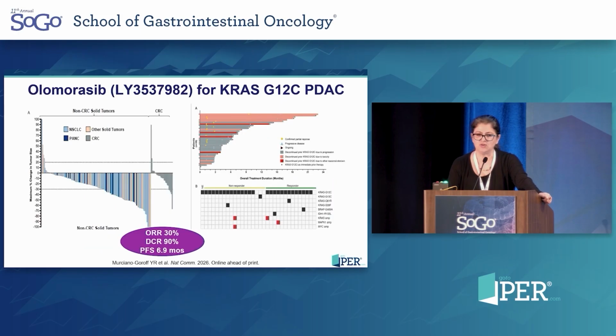Olomorasib here looks maybe slightly superior with a PFS about a month and a half better than adagrasib for G12C, and it also appears to have some efficacy in G12C pre-treated patients. So this is quite interesting data in, again, new generation G12C inhibitors in pancreas.